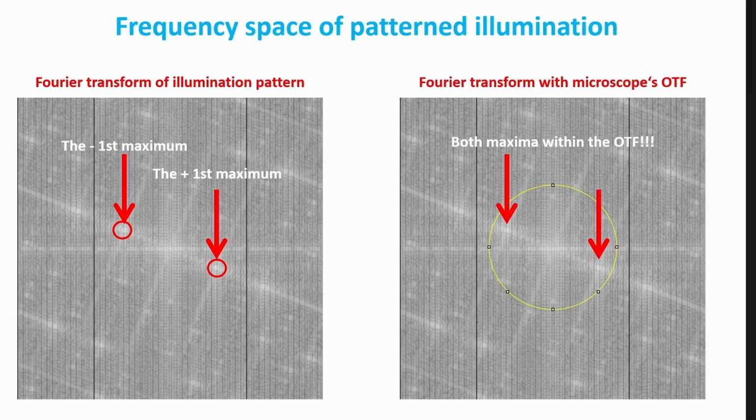So now when I illuminate the sample like that, the two maxima, which were, remember, out here, are now at an angle inside the yellow circle. What did I do? I made the invisible visible by shifting their spatial frequency to a lower value by illuminating. And this is the principle of structured illumination microscopy.